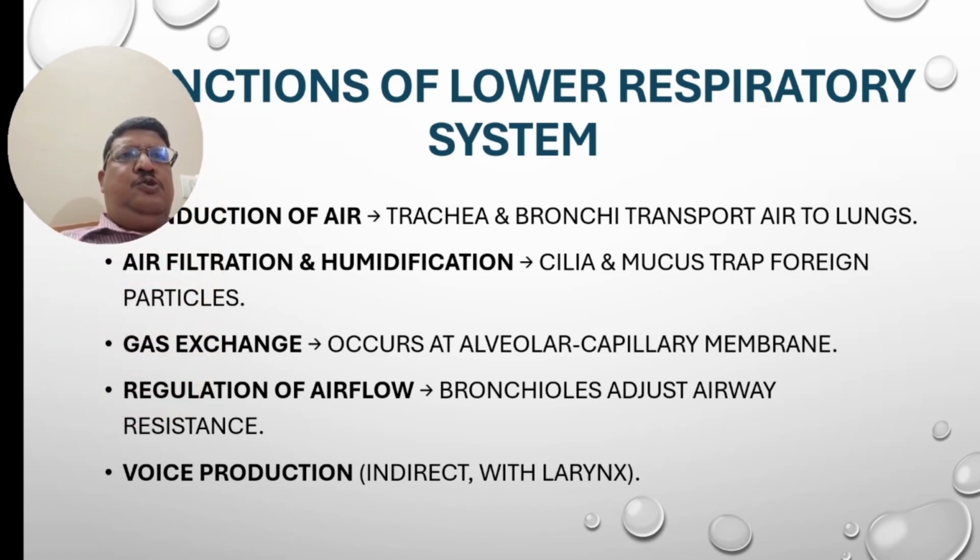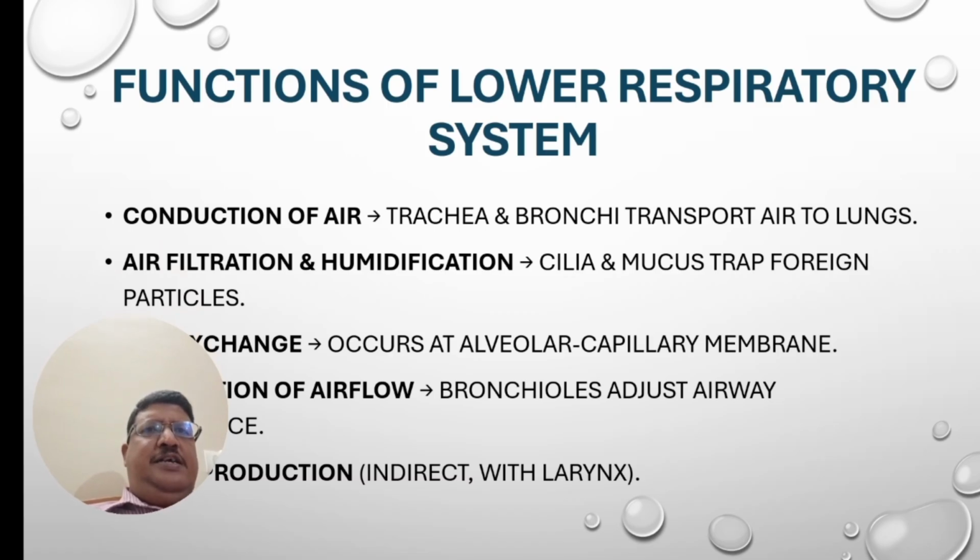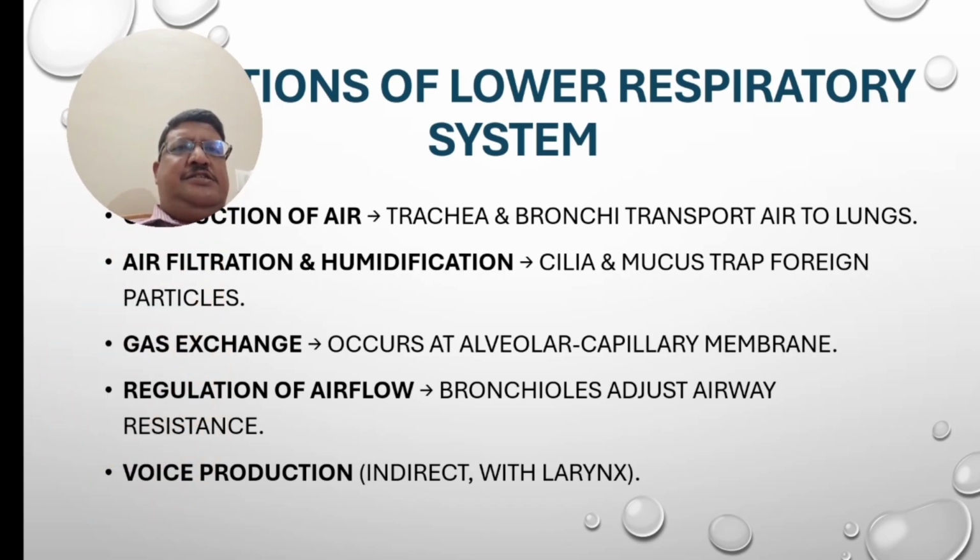Functions of the lower respiratory system: conduction of air, trachea and bronchi transport air to the lungs; air filtration and humidification, cilia and mucus trap foreign particles; gas exchange occurs at the alveolar capillary membrane; regulation of airflow, bronchioles adjust airway resistance; voice production, indirectly with the larynx.